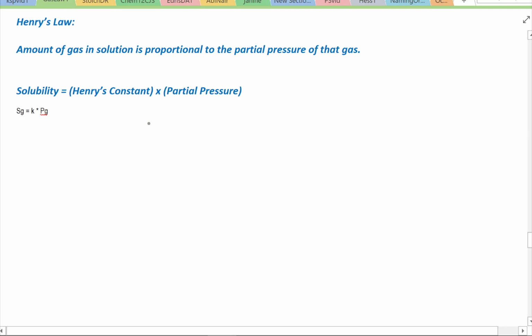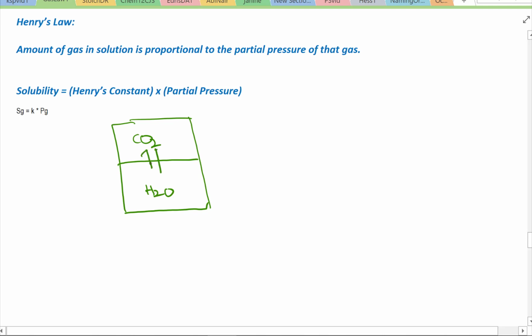Okay, so now this one, Henry's law, is a little bit different. This is mostly for pre-meds and dental students. I mean medicine, pre-meds and dental students mostly. So Henry's law is, imagine your pop can, right? You have water and CO2.